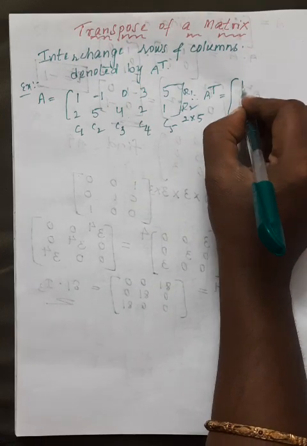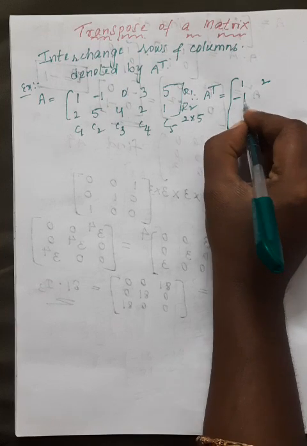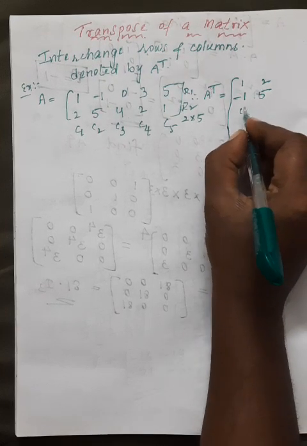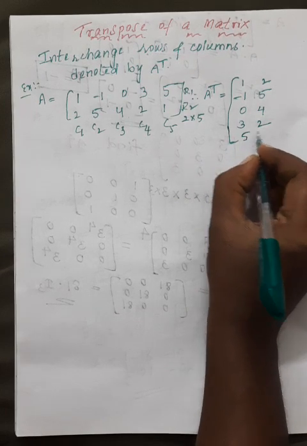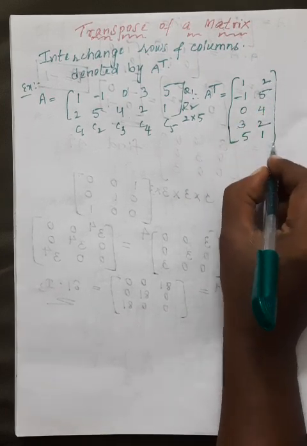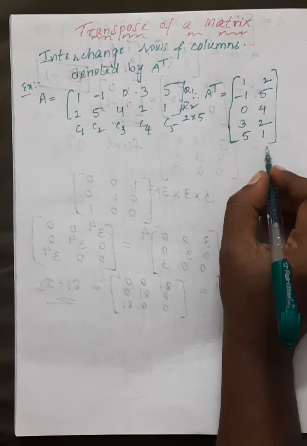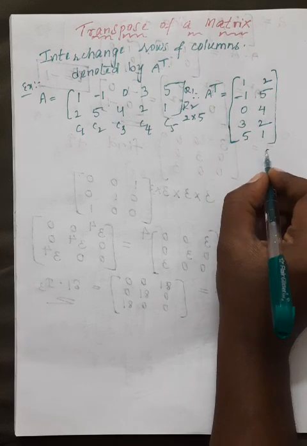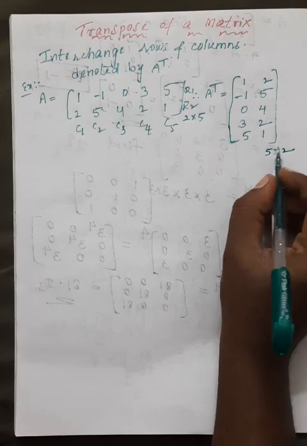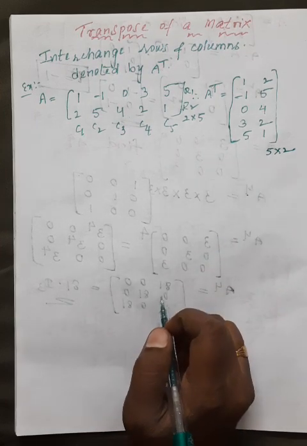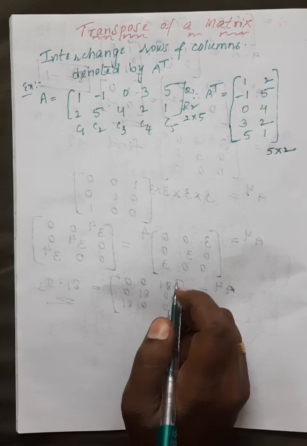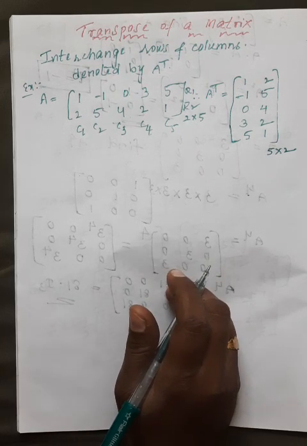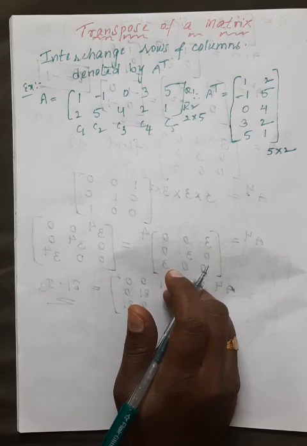So here we have to write 1, 2, -1, 5, 0, 4, 3, 2, 5, 1. So this is the obtained transpose of the matrix, and the order of this matrix is 5 cross 2. So the order of the matrix changes from 2 cross 5 to 5 cross 2.